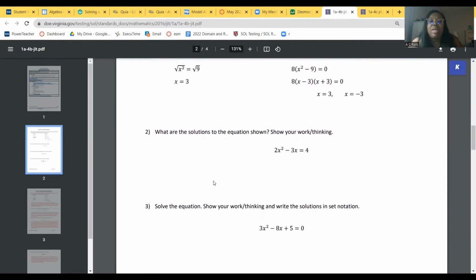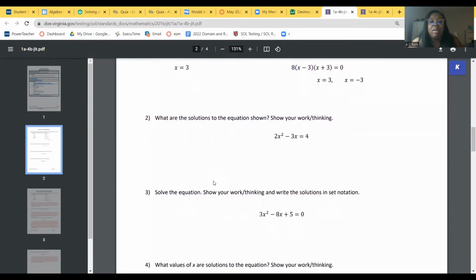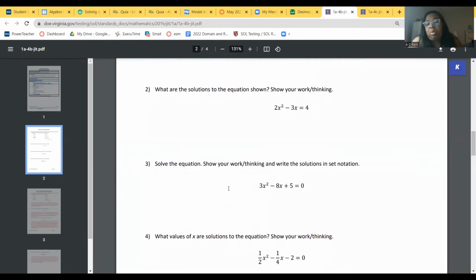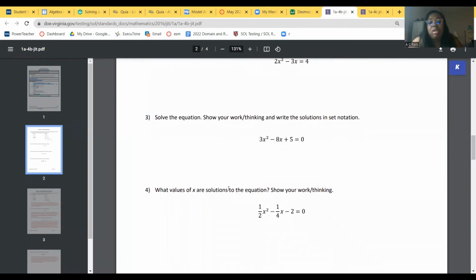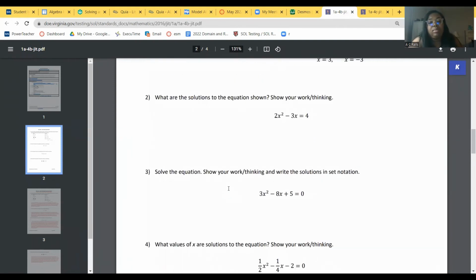All right, so let's take a look at number 2. It says, what are the solutions to the equation shown? Show your work. So we see number 2, number 3, and number 4 are all quadratics.